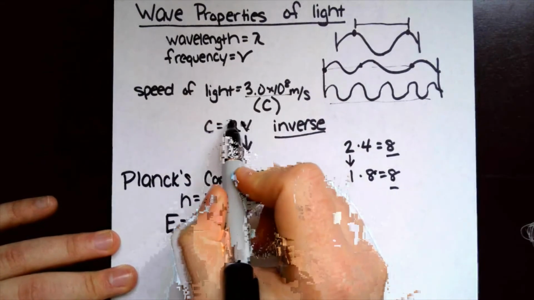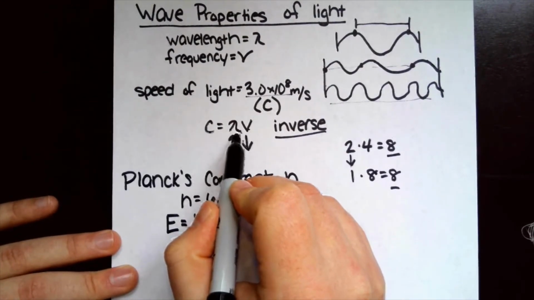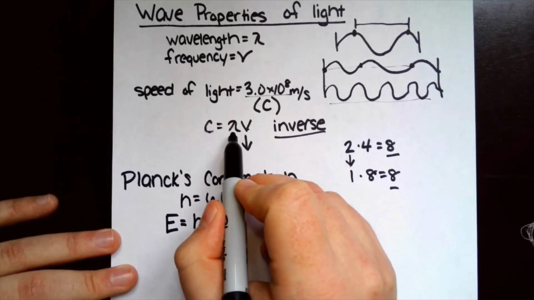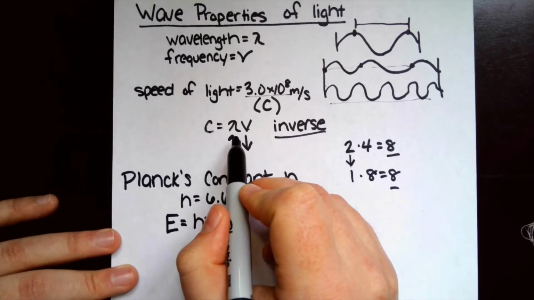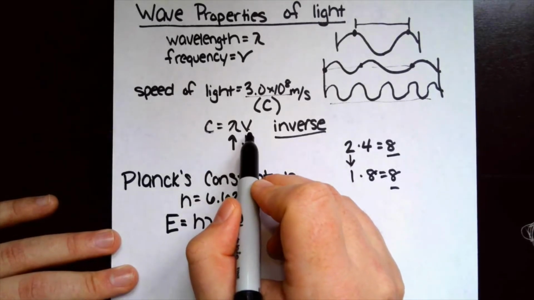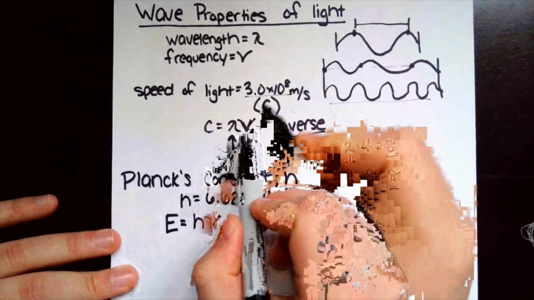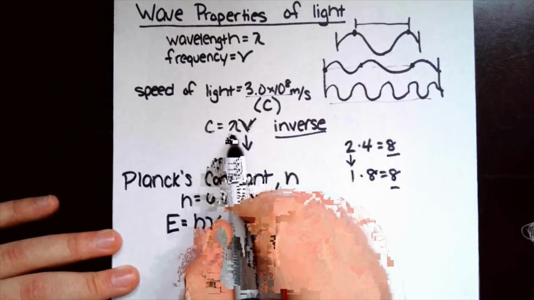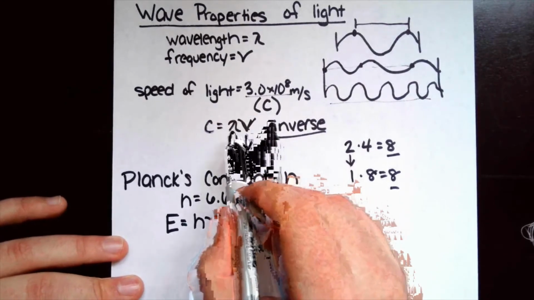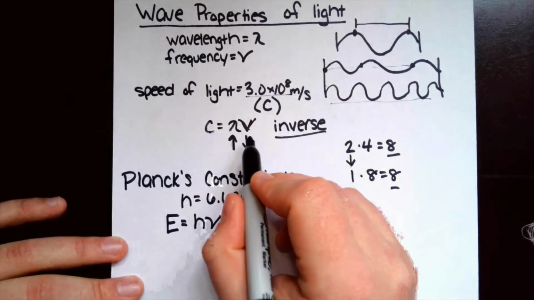And from this relationship, if we algebraically solve c = lambda nu for frequency, we have to divide both sides by lambda to isolate nu. So we get c over lambda equals the frequency.